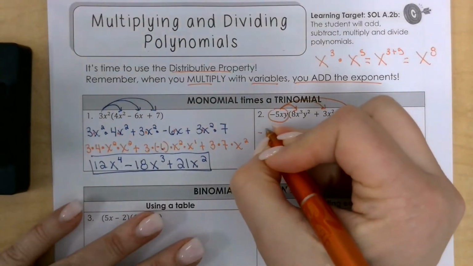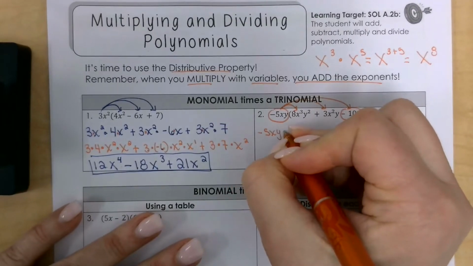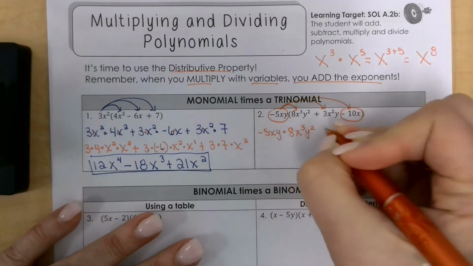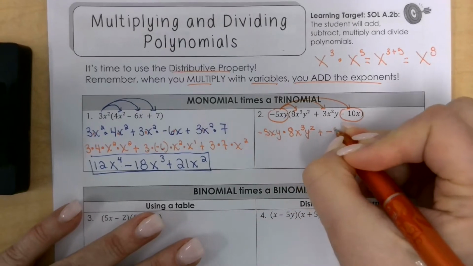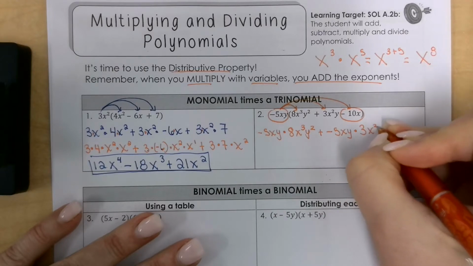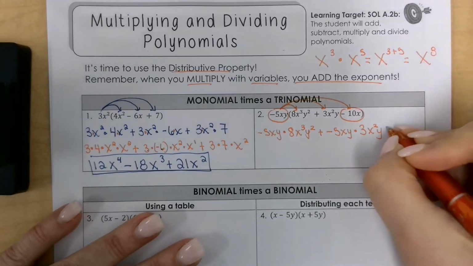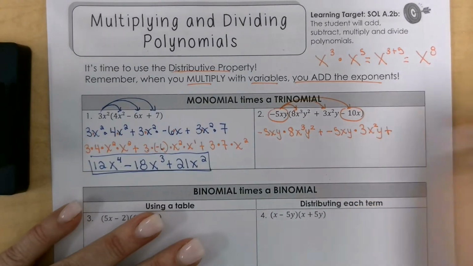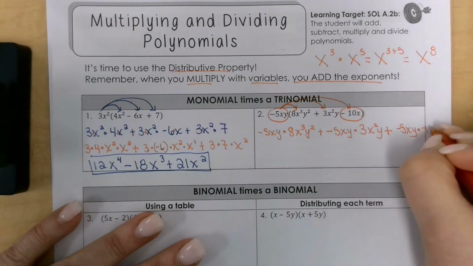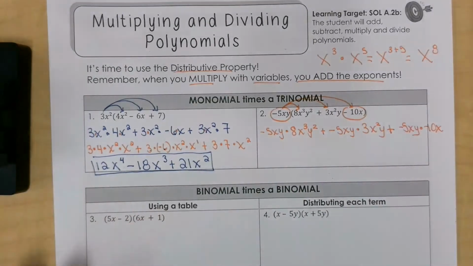I've got negative 5xy multiplied by 8x cubed y squared, plus negative 5xy multiplied by 3x squared y, plus negative 5xy times negative 10x.